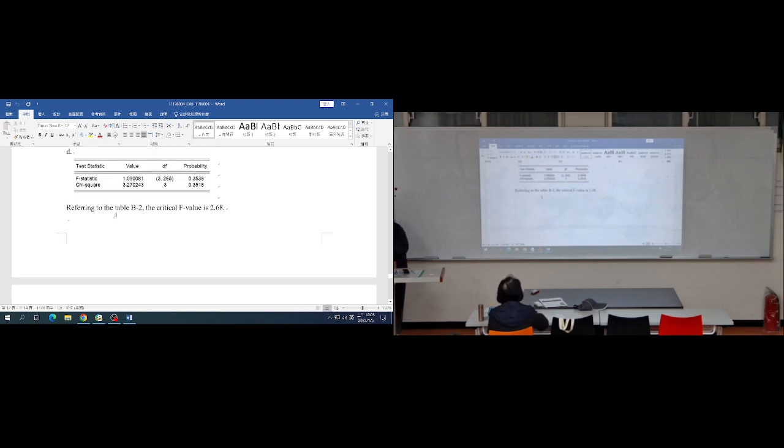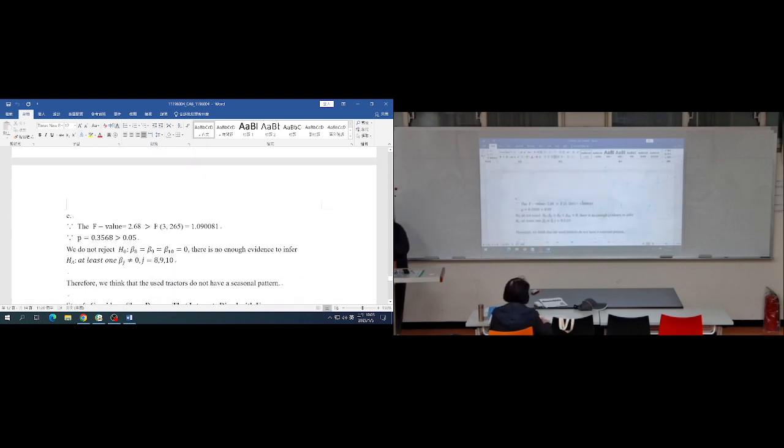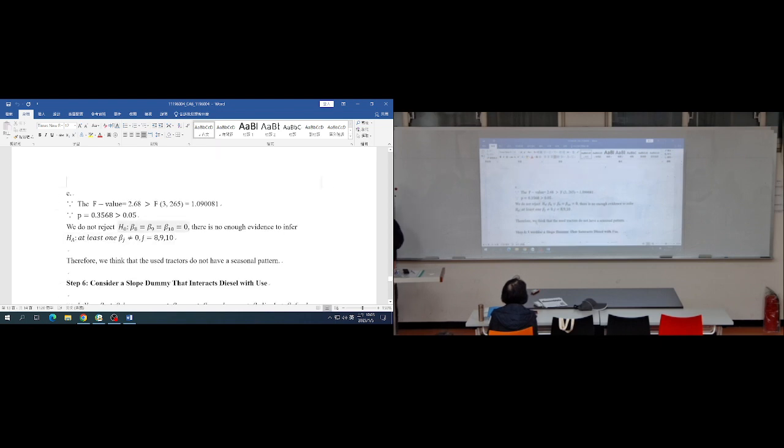And this is the result. We do not reject the null hypothesis. There is no evidence to infer at least one beta j not equal to 0. So we say the tractor does not have a seasonal pattern.